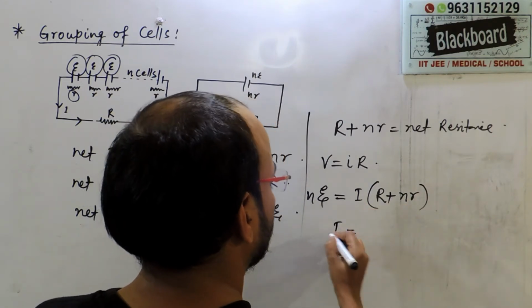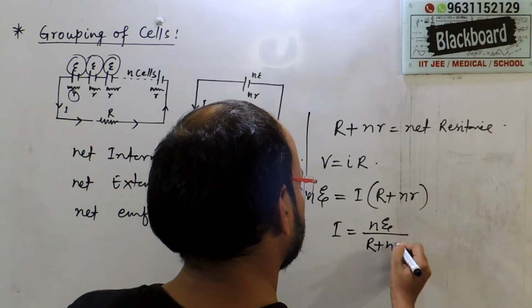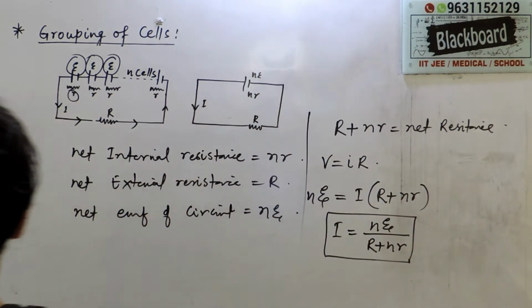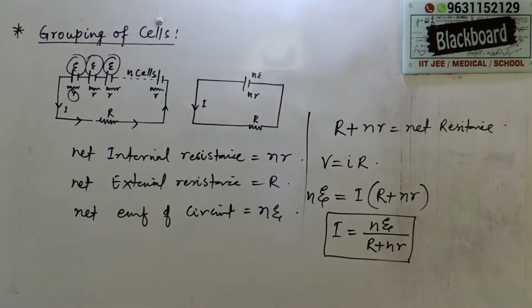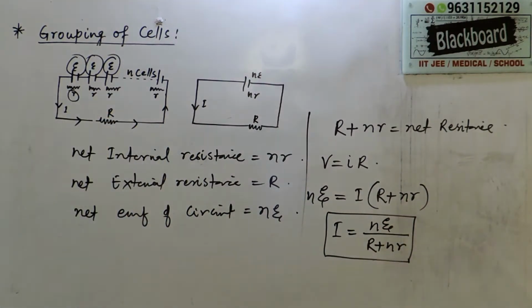So I is equal to nE divided by R plus nr, and this is the current in the circuit. Then the current through the external resistance will be I equals nE divided by R plus nr.